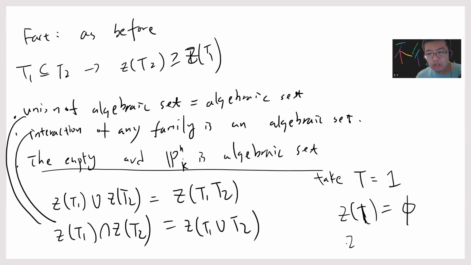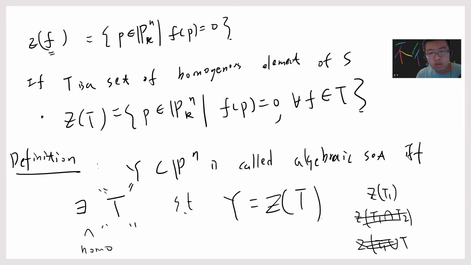If you take T to be the whole ring, generated by the whole ring, so you take S itself, then you will get P^n_K.